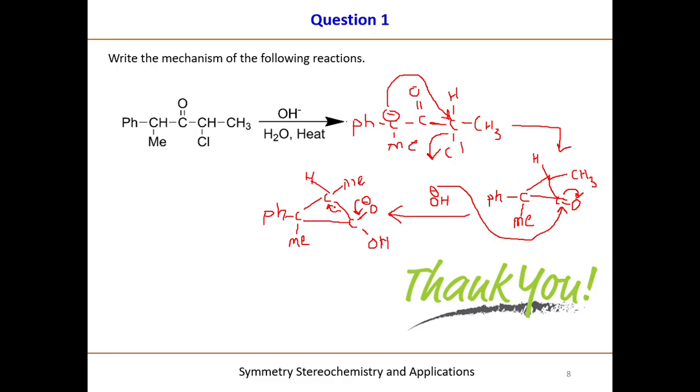Cleaving of cyclopropane ring will take place in third step. Then in fourth step, extraction of proton from water will take place. So after cleaving this cyclopropane ring, what we will get? We will observe the intermediate.